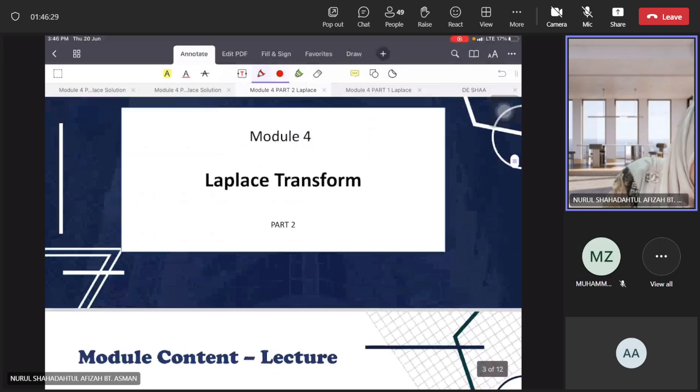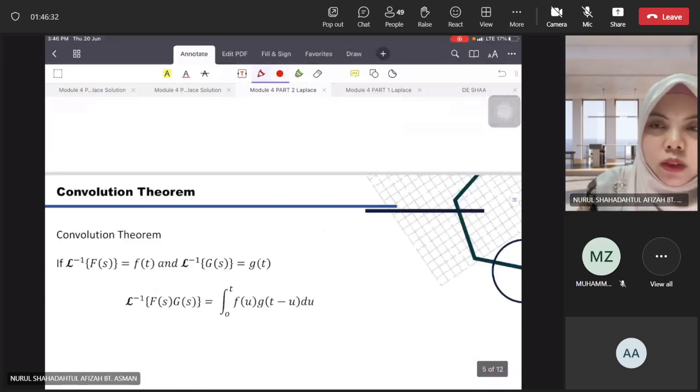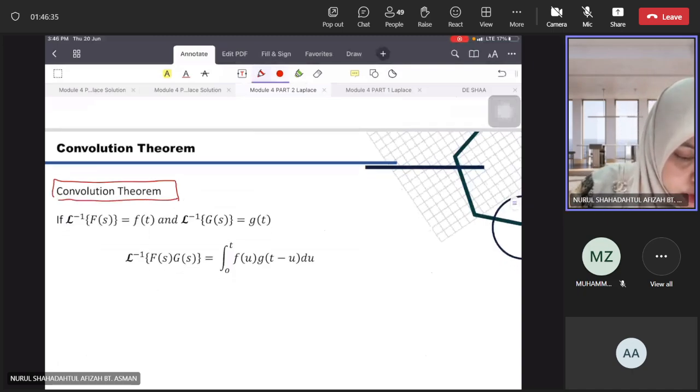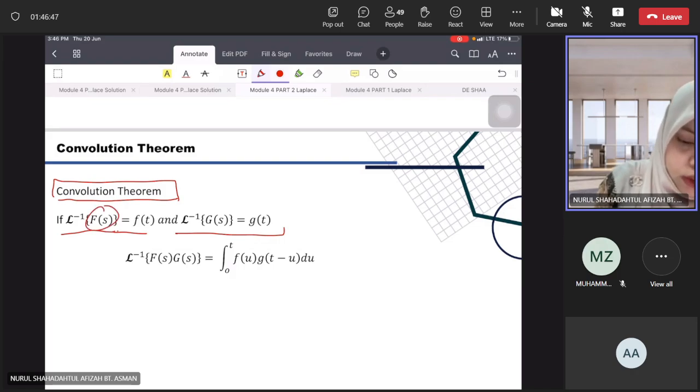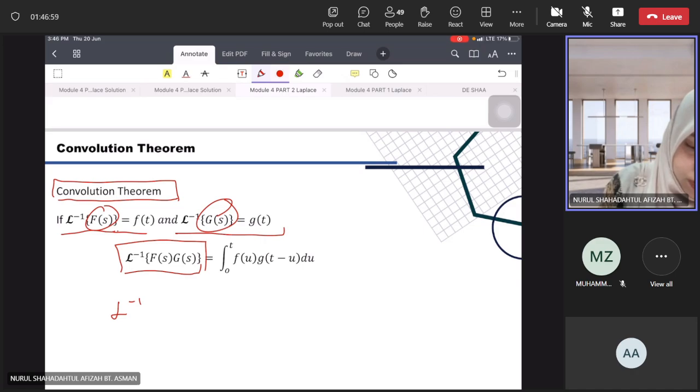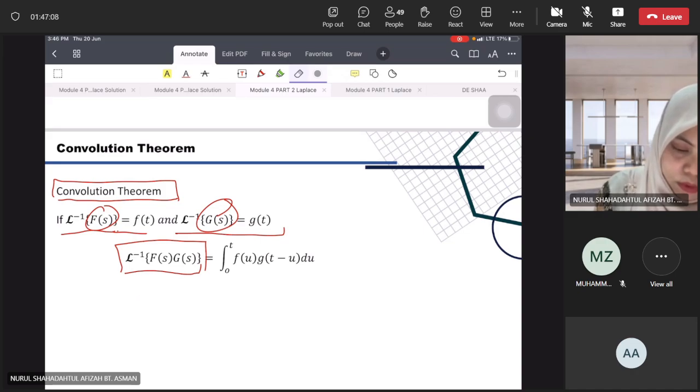So we continue with the convolution theorem. The convolution theorem also involves the inverse Laplace. We have two functions here, function f and function g. So this is the combination. That's why I call it the convolution theorem, because we involve two functions, f and g.